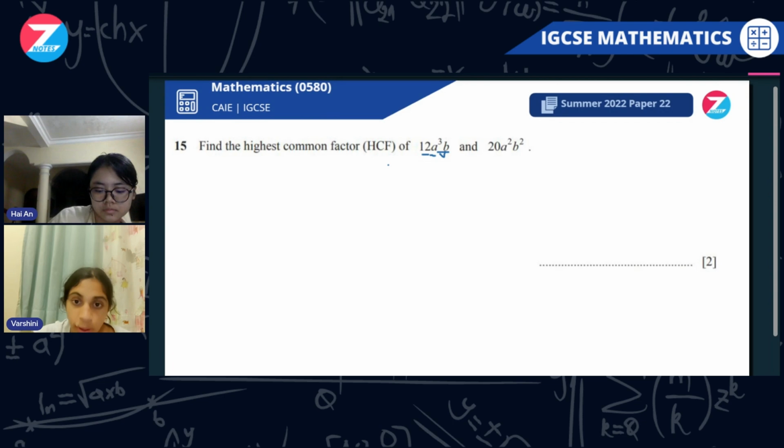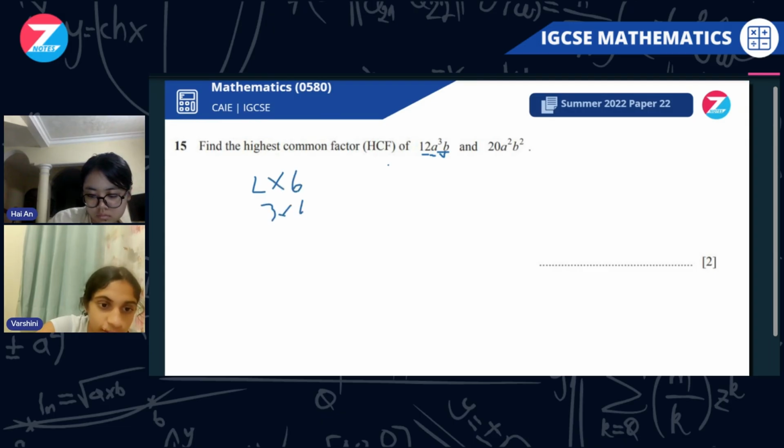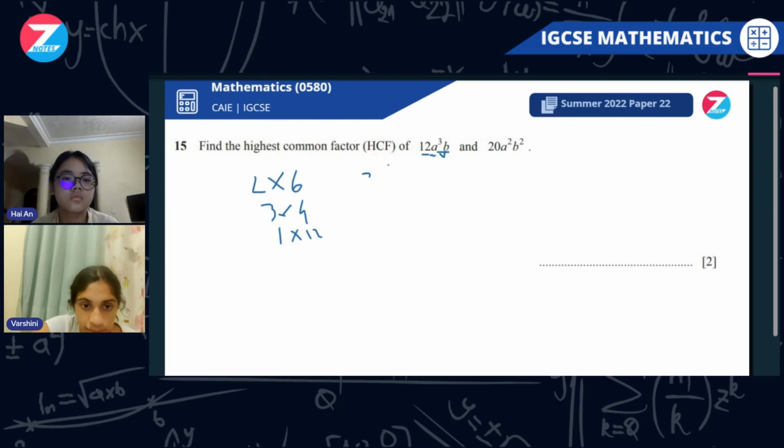So let's look at the factors of 12. There's 2 into 6, there's 3 into 4, and there's 1 into 12. And now let's look at the factors of 20. There's 20 into 1, there's 4 into 5, there's also 10 into 2.